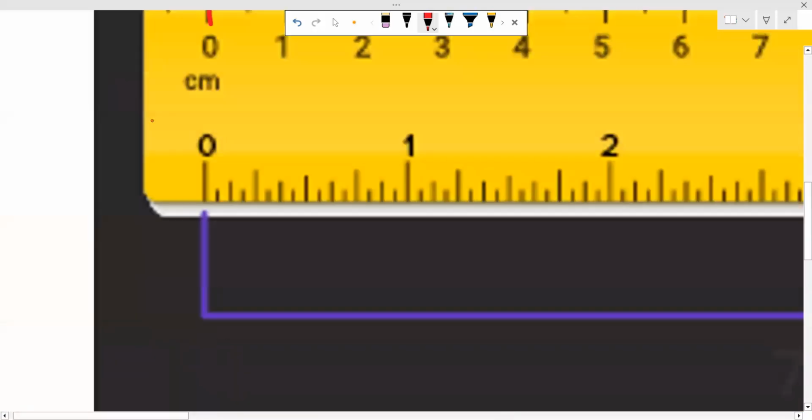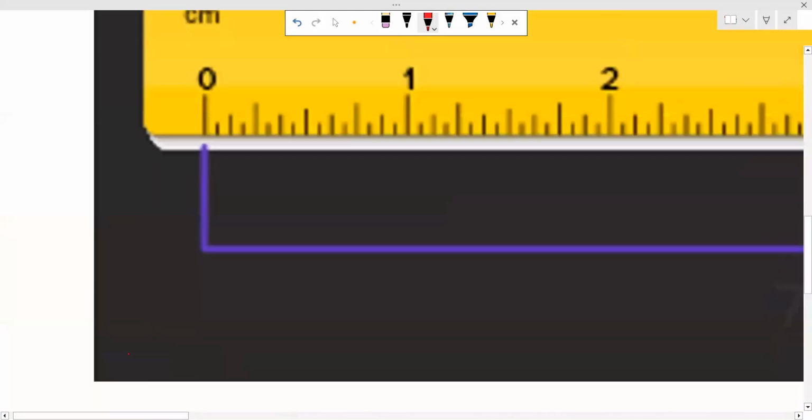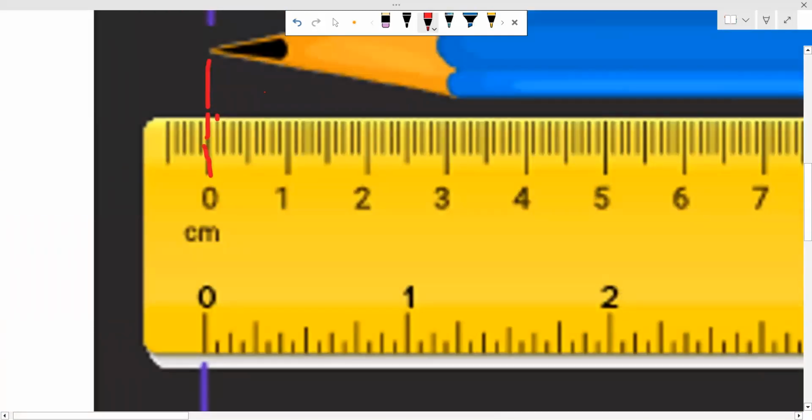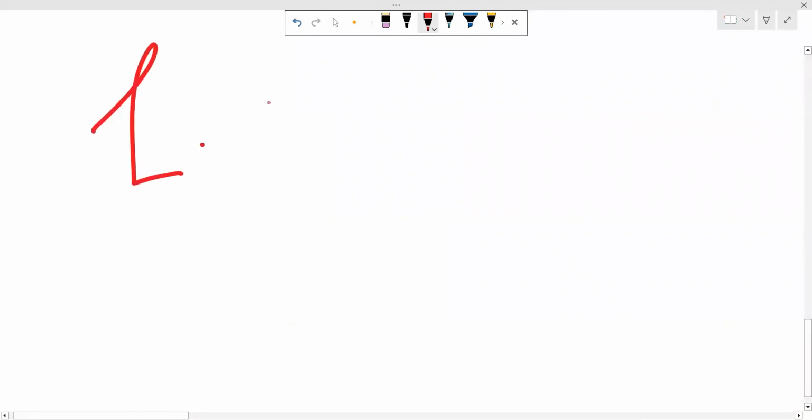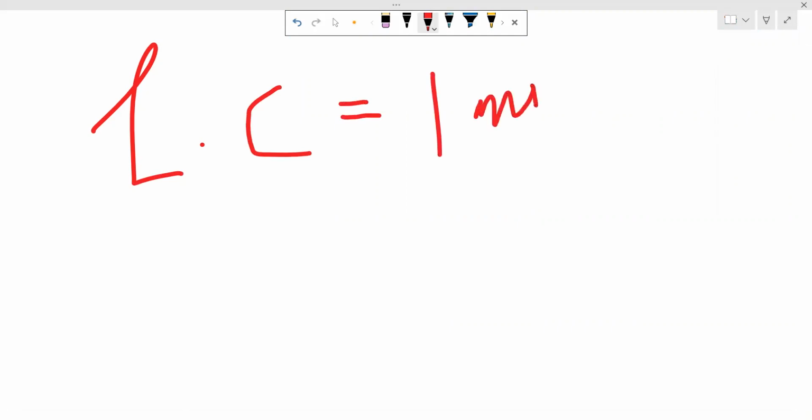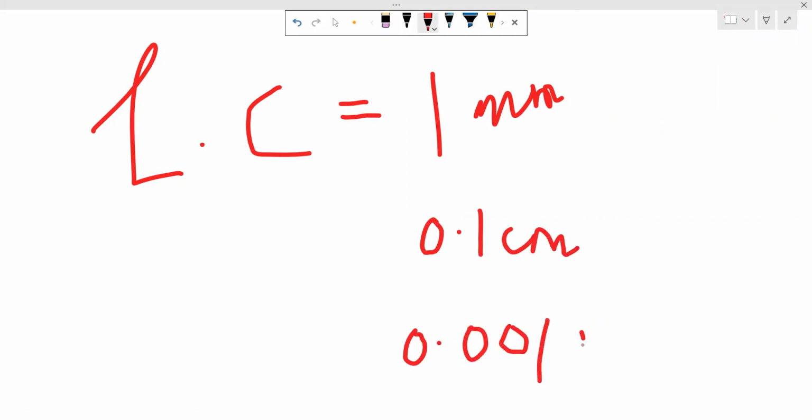The least count of the ruler scale is 1 millimeter, or 0.1 centimeter, or 0.001 meter.